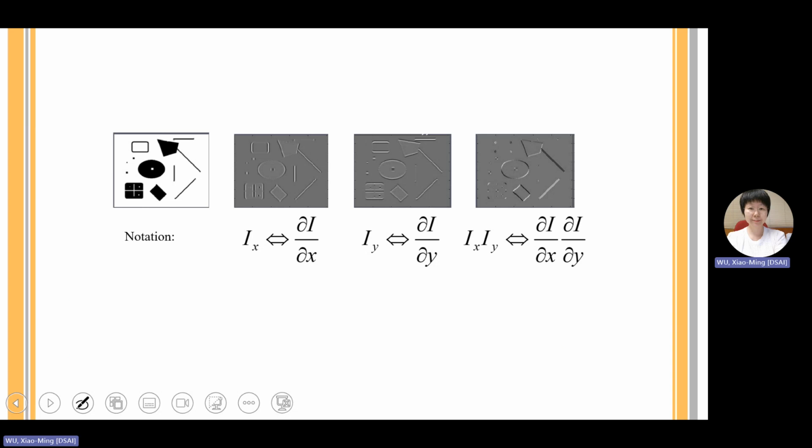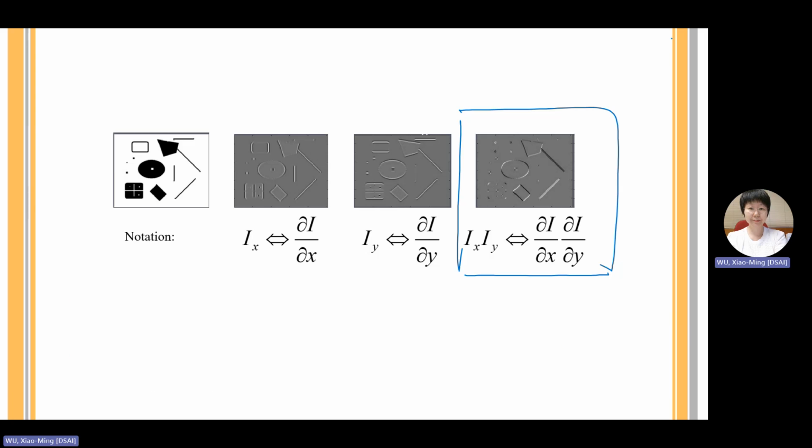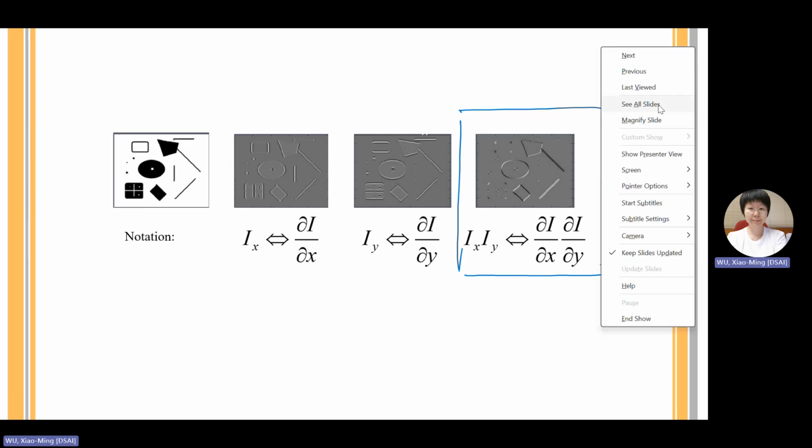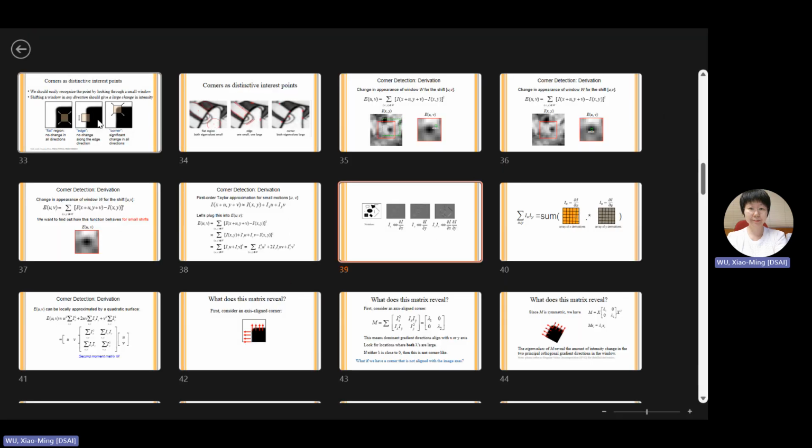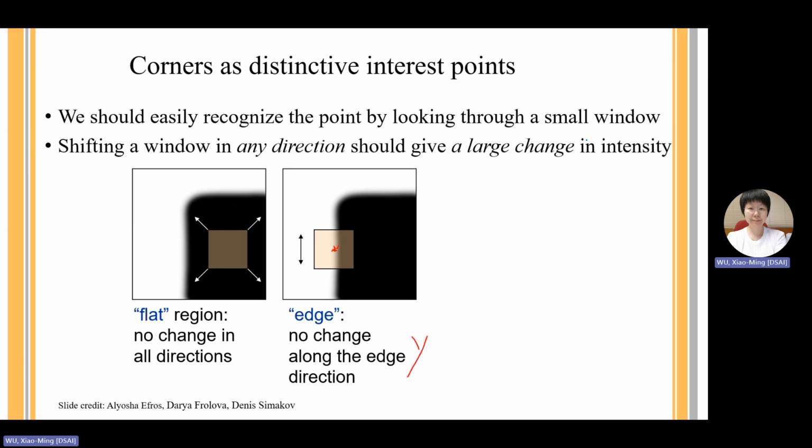So I would like you to observe this map. For an edge pixel, all the y derivative iy is 0.